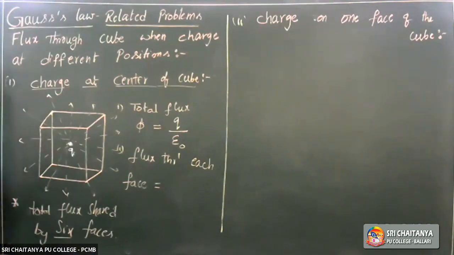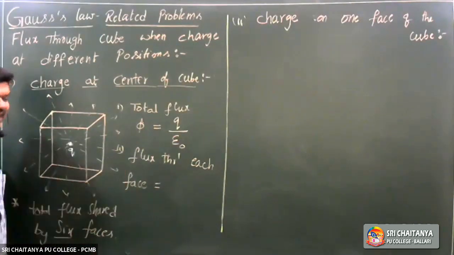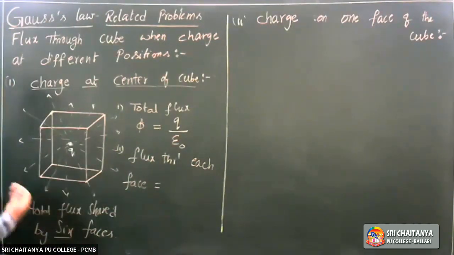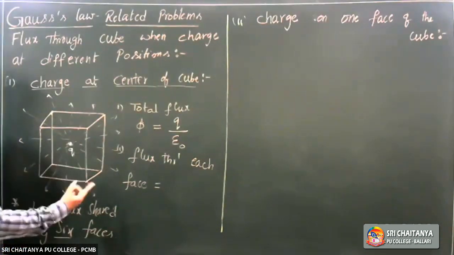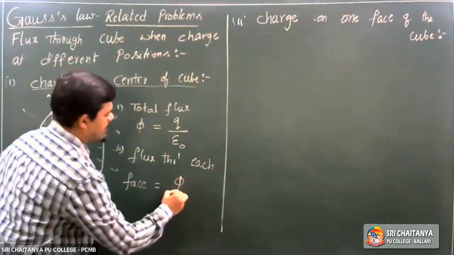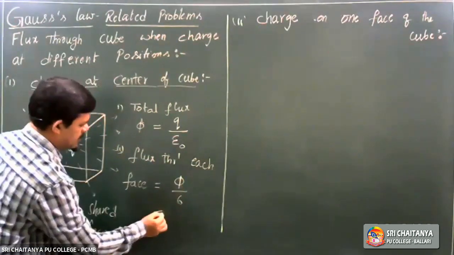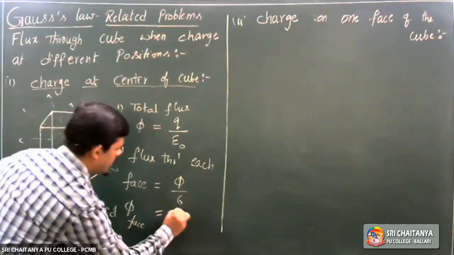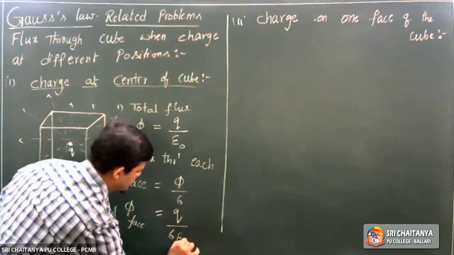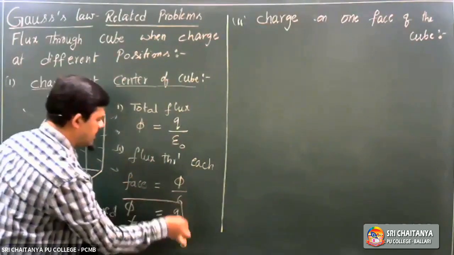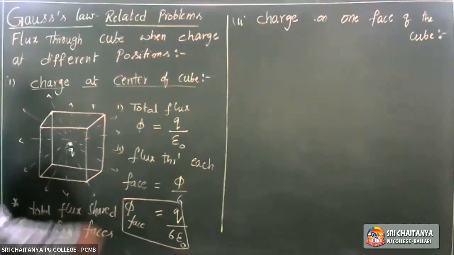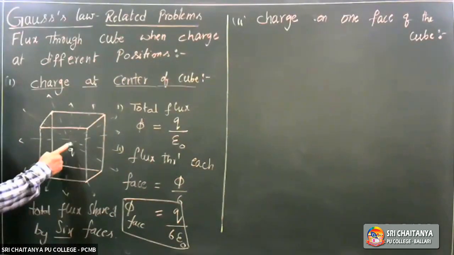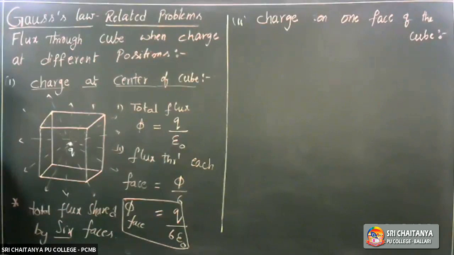It comes out through 6 faces. So if you are asked each face or each surface, it is total flux by 6. Flux through each face is Q by 6 epsilon naught, when a charge is placed at the center of the cube.